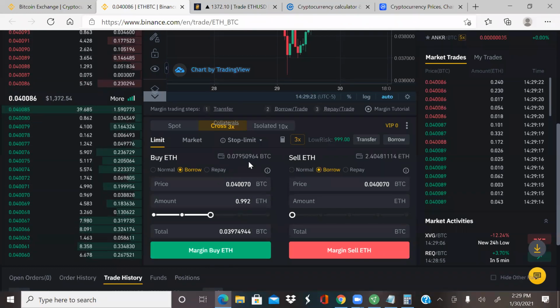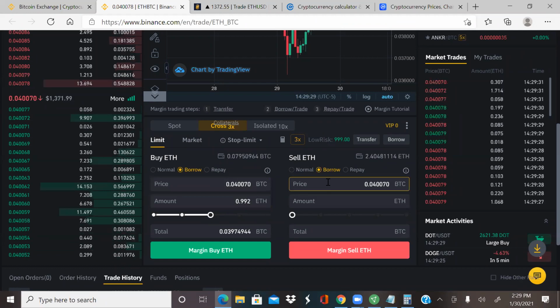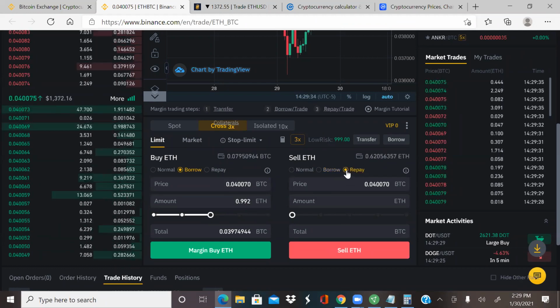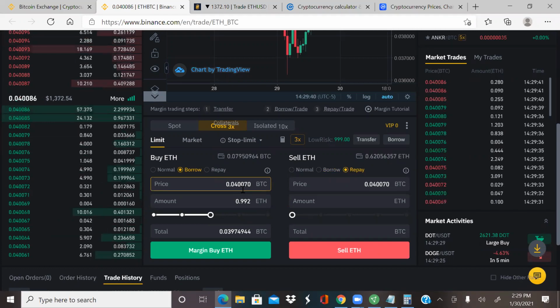Don't forget that I borrowed that money. Now, if I want to sell that particular Ethereum, 0.992, I'll come here and click on repay. Let's say I bought Ethereum at 40,000 Satoshi, and Ethereum now goes to 42,000 Satoshi.